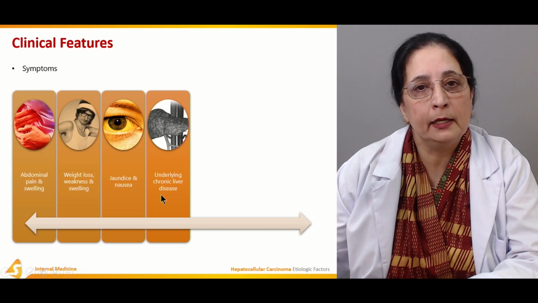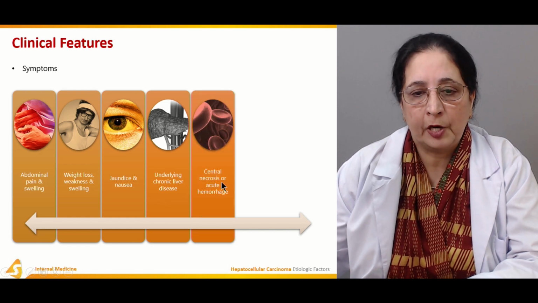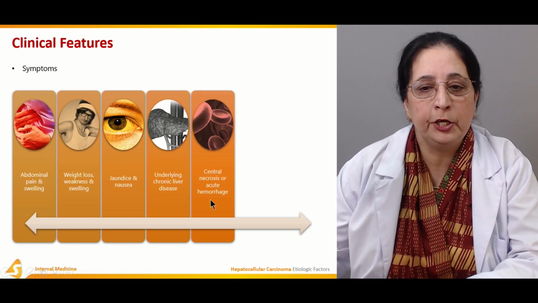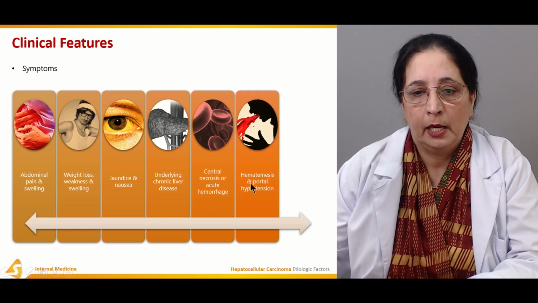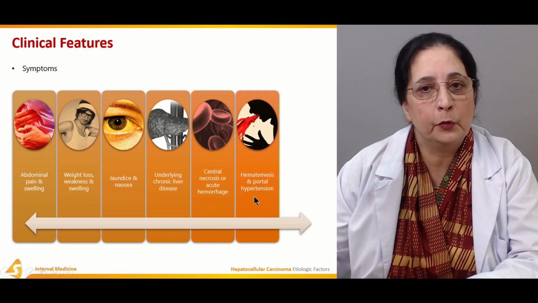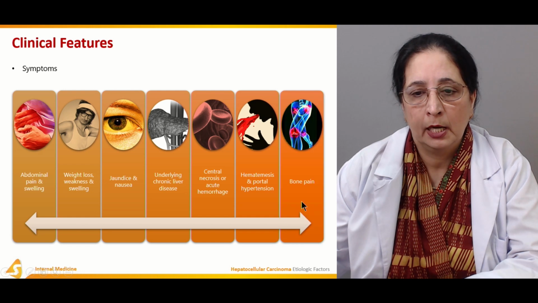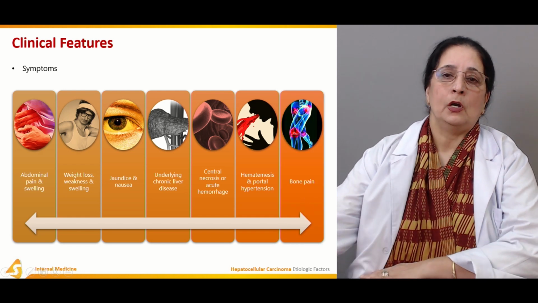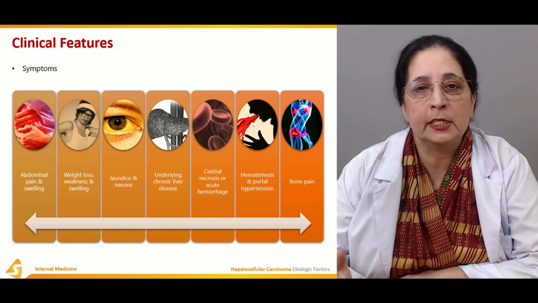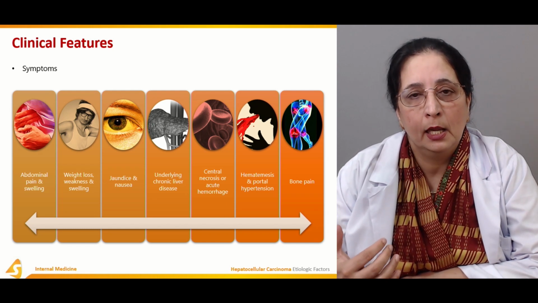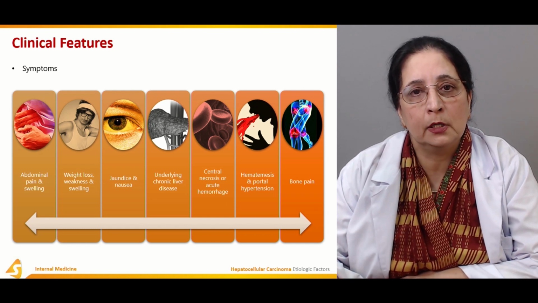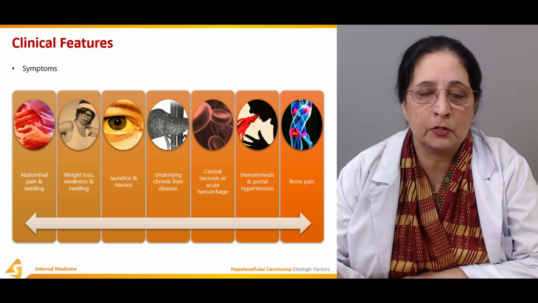Underlying chronic liver disease, central necrosis or acute hemorrhage, hematemesis and portal hypertension and bone pain. So all these are the symptoms associated with hepatocellular carcinoma and cirrhosis of the liver.